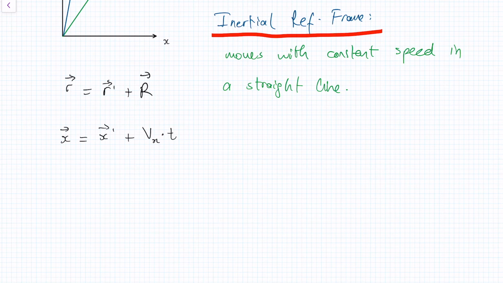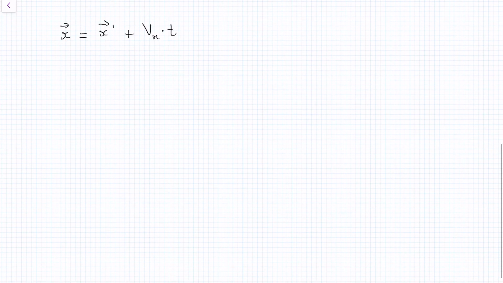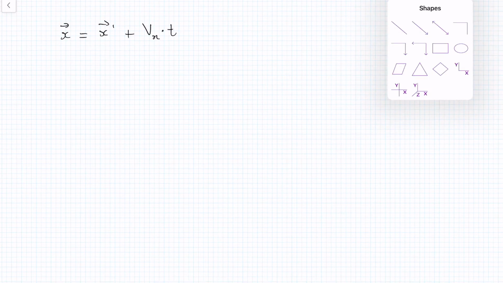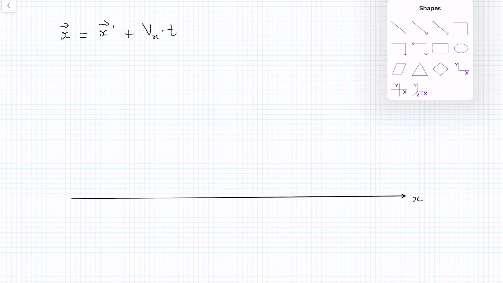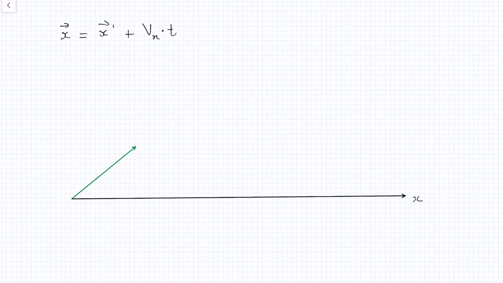Now, let's consider a very basic projectile motion. Let's draw our axis. Let it be the x-axis. And let's say that we have someone throwing an object, a ball or something, at 22 meters per second at 63 degrees.